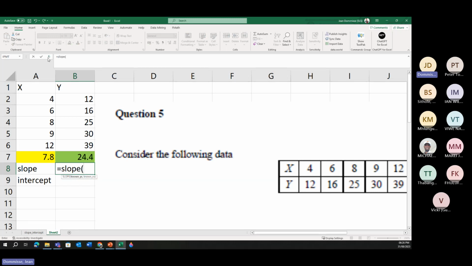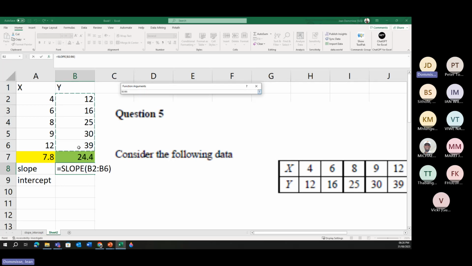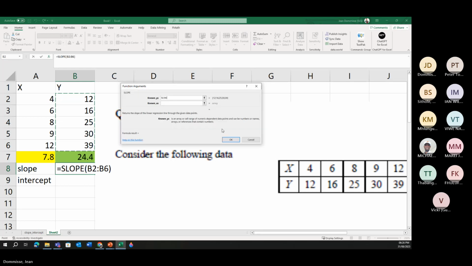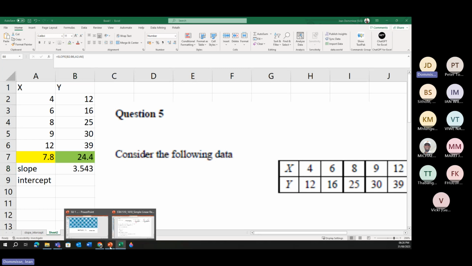Okay, so again, slope, the y's first, then the x's. So the slope is 3.543.